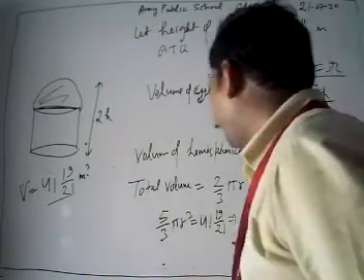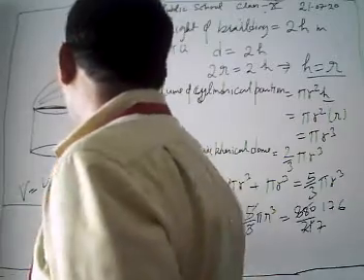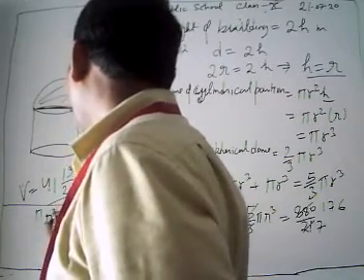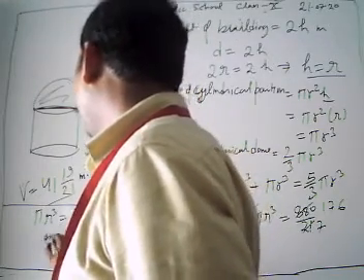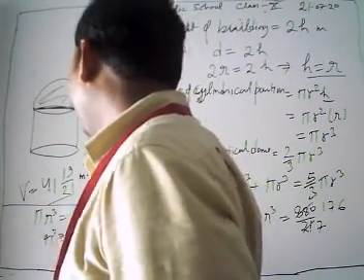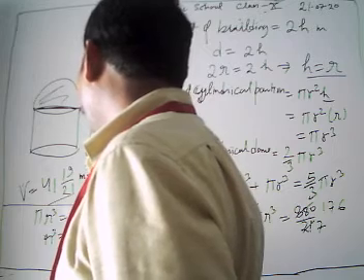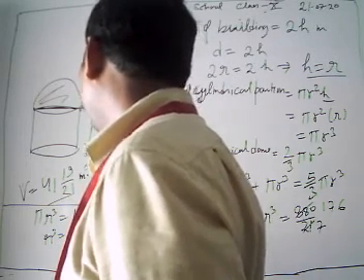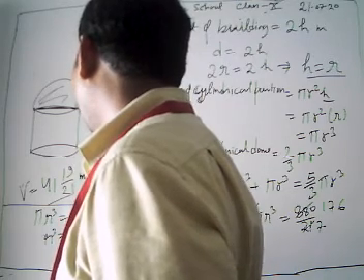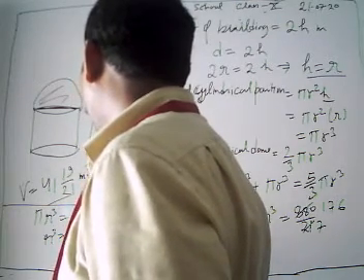Now we have pi r cube equal to 176. Then r cube is 176 into 7 upon 22, and 176 divided by 22 gives 8.